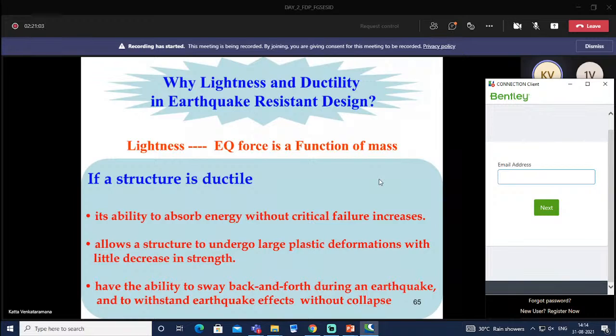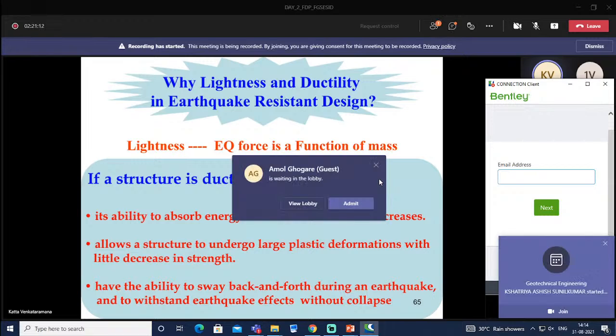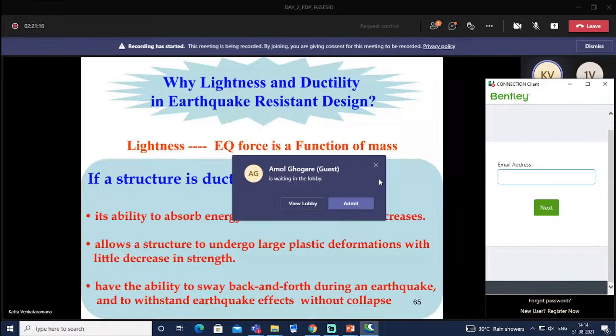Lightness: earthquake force is a function of mass. So to reduce earthquake force, mass into acceleration, which is the inertia force, we have to either decrease mass or decrease the earthquake acceleration. To decrease mass means to make the structure as light as possible.